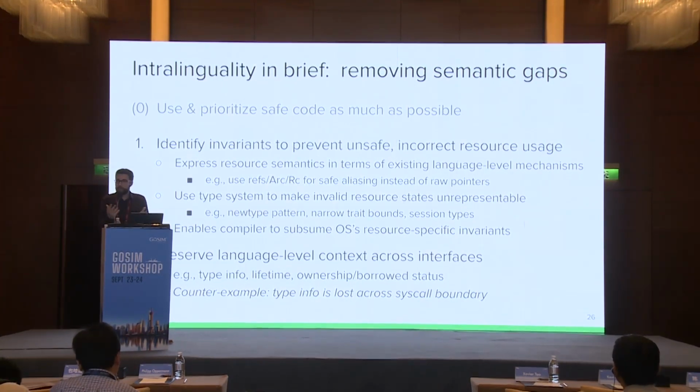When you invoke a system call, you have to lower everything into raw primitive values, typically just unsigned integers, and then reconstitute from those unsigned integers, typically pointer values, on the other side, on the kernel side, some higher level types. There's no guarantee that that correctness was preserved, so you have to do a lot of expensive checks. If we preserve the language level context, we don't have to do any of those checks. So, as a point here, we don't use system calls.